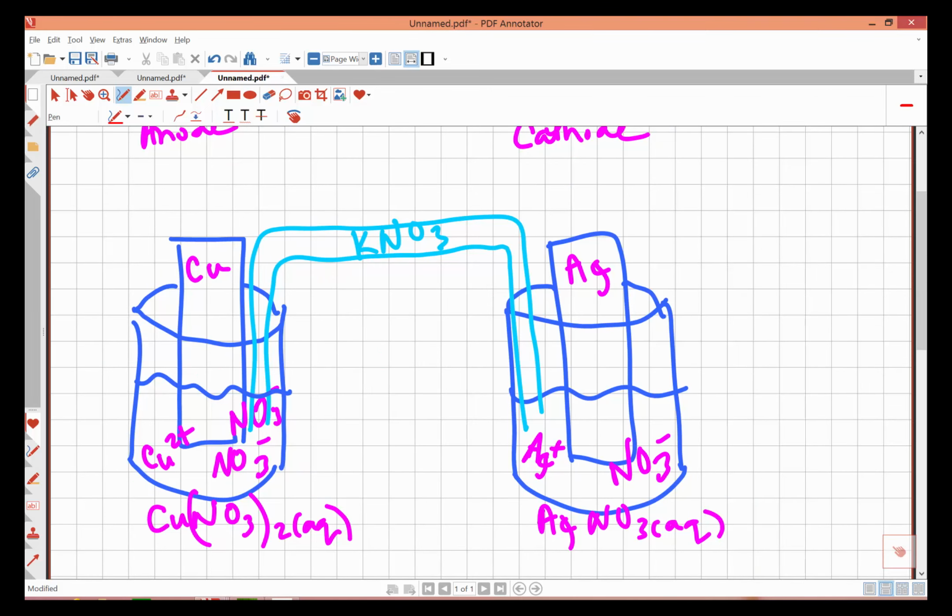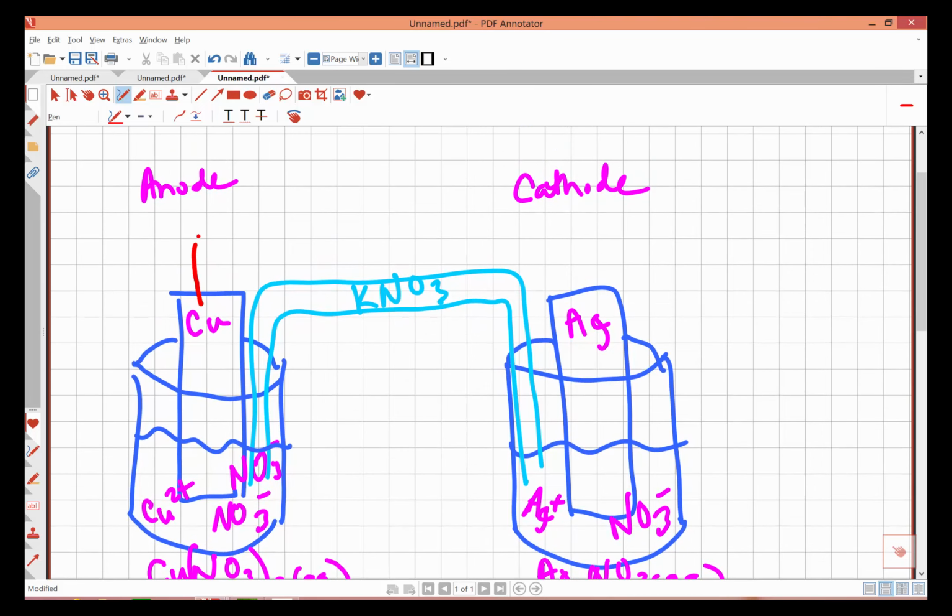All right, so if we connect these 2 metals with a wire, that will allow copper to release its electrons as it's oxidized, send them through the wire and onto the silver.